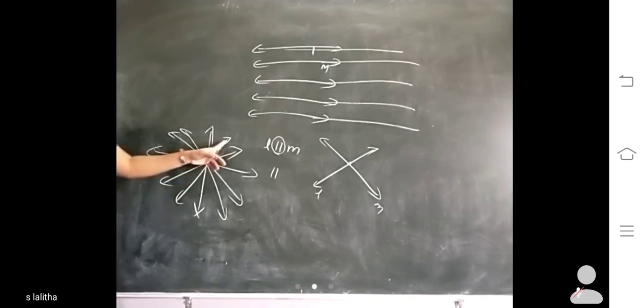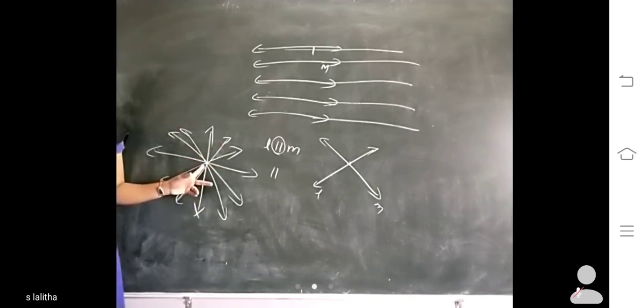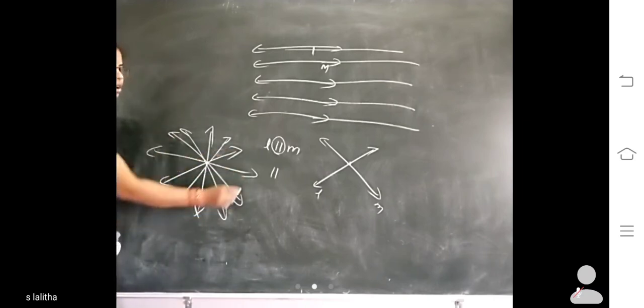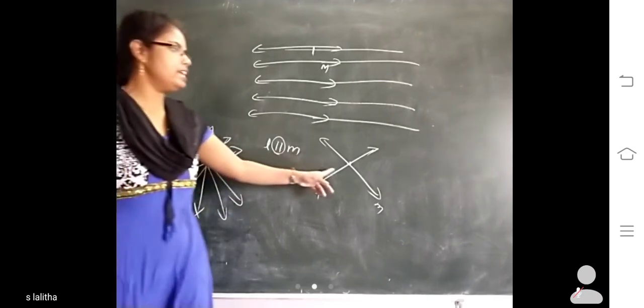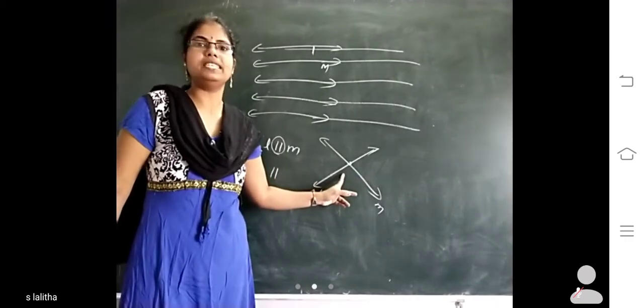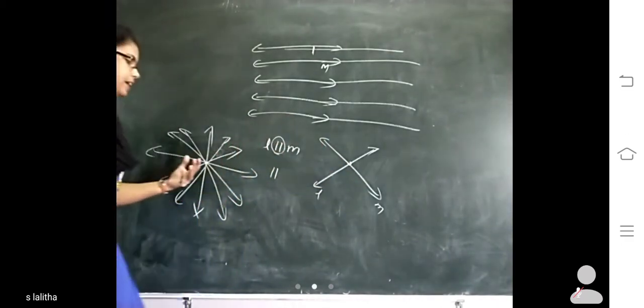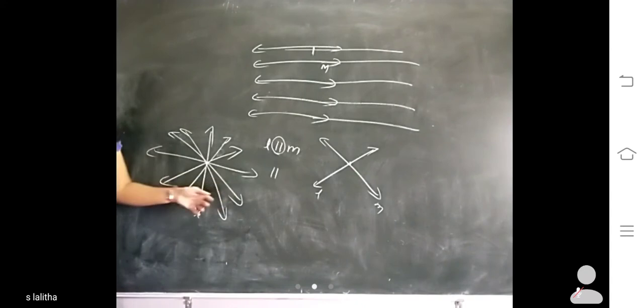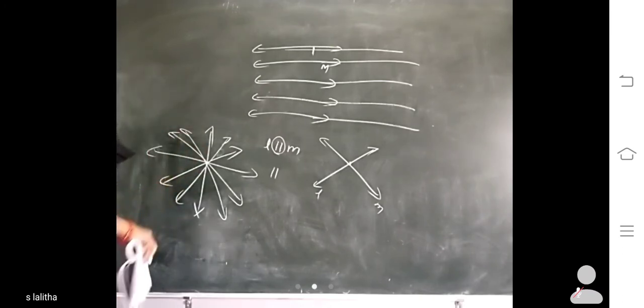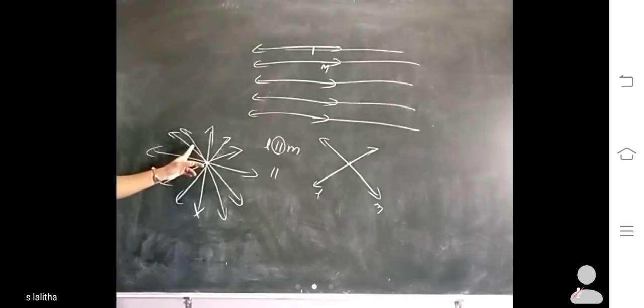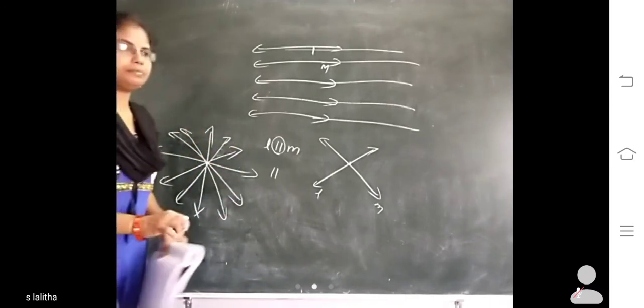So these lines are called concurrent lines. Where only two lines intersect, they are called intersecting lines, but where a number of lines join at one point, they are called concurrent lines. And this point is called the concurrent point, and these lines are concurrent lines.